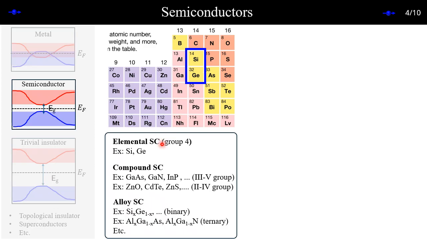Now there are other ways. For example, you can take group 3 elements and group 5 elements. Again, the average is 4, and combining them, you can also have semiconductors. For example, gallium arsenide. Here gallium is group 3 and arsenic is group 5. Also gallium phosphide, gallium nitride.